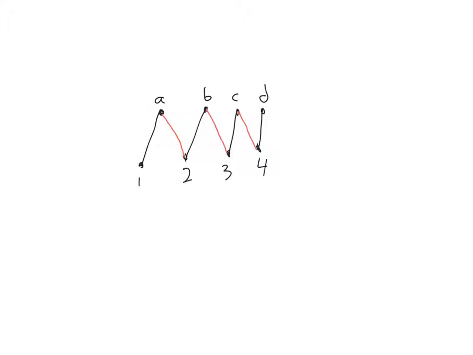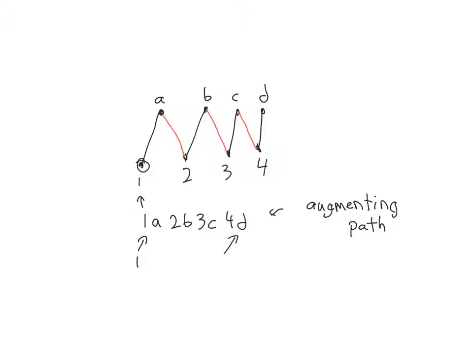Well, starting from 1, a vertex in A, you can create the alternating path 1A, 2B, 3C, 4D. And this is called an augmenting path. And what makes it an augmenting path is that both the first vertex, 1, and the last vertex, D, are unmatched.